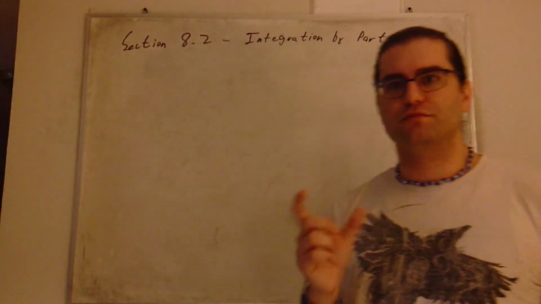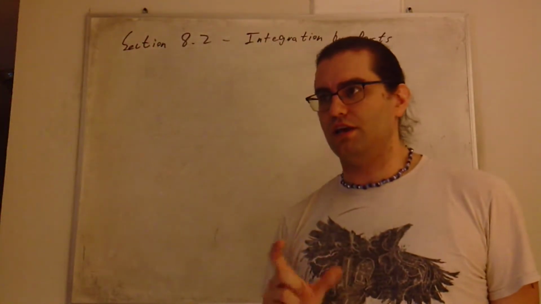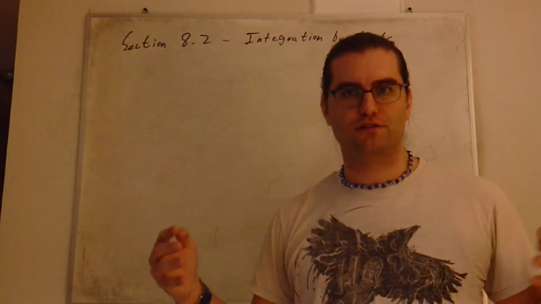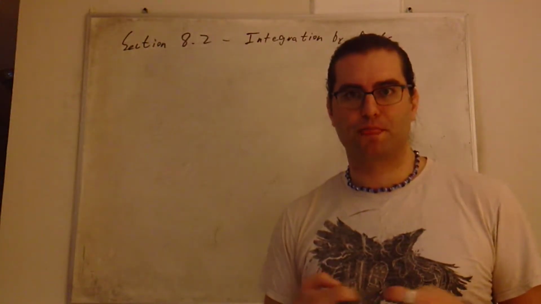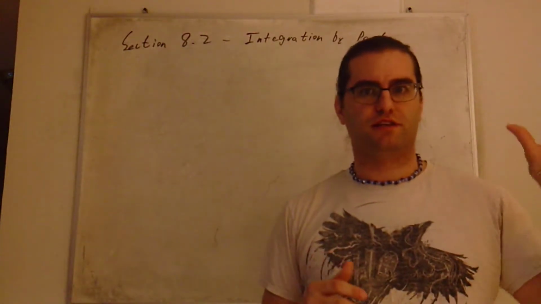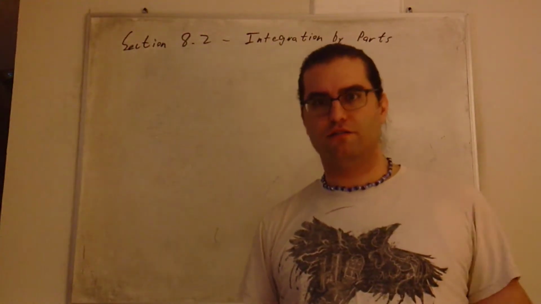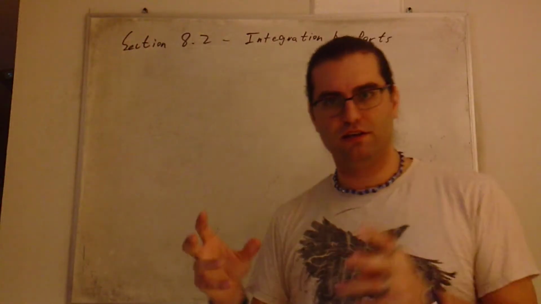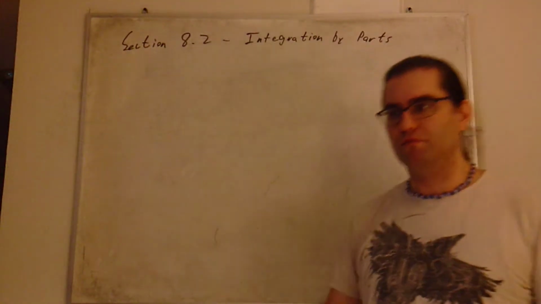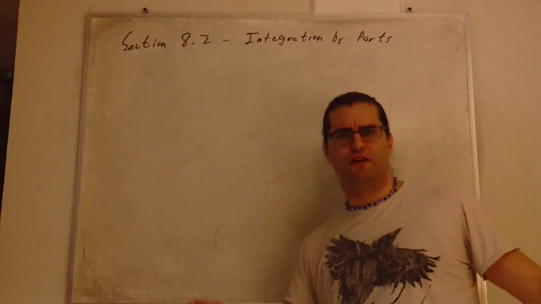And the distinction between substitution and parts is a tricky one to recognize because they both involve two functions being multiplied together. This one because it's the product rule backwards. Substitution because there's an outside, or there's an other function that multiplies the outside-inside situation. So both of these things involve function multiplication, but in very different ways.